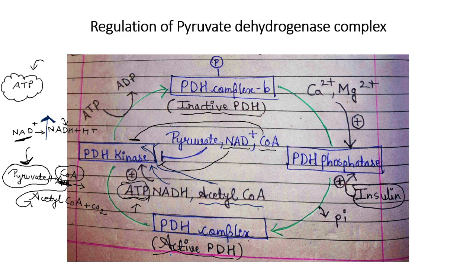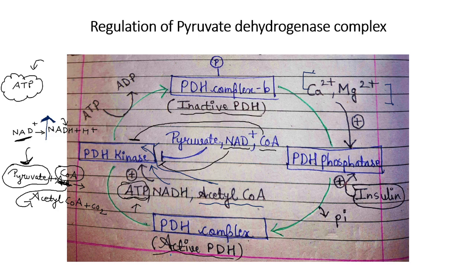Now we will understand this part. Calcium and magnesium ions are released during muscle contraction, and these calcium and magnesium ions will combine with PDH phosphatase and activate it. When the PDH phosphatase gets active, it will remove the phosphate group from the PDH complex.